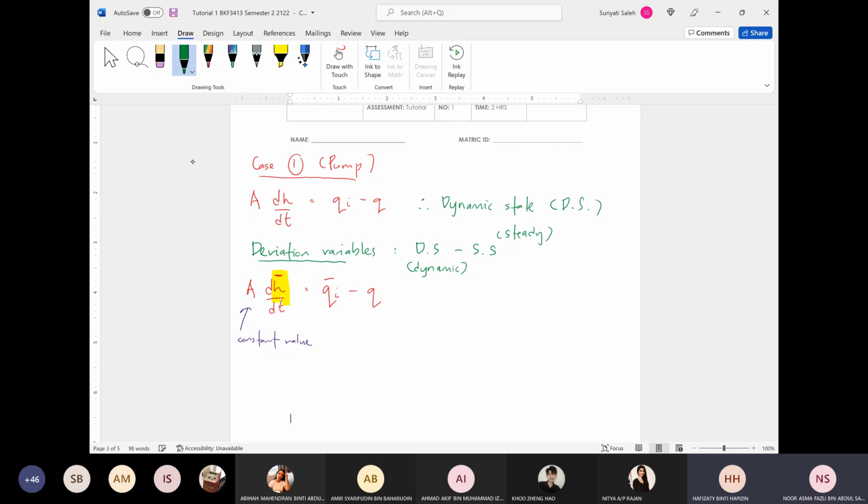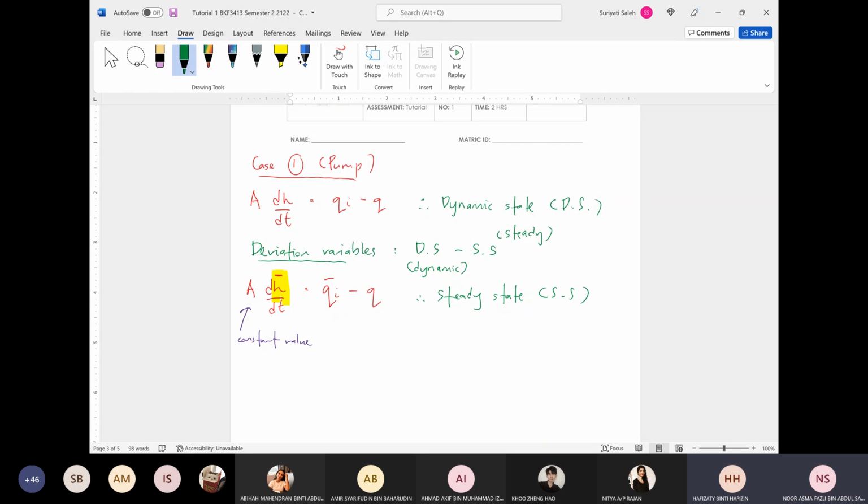So this represents the steady state condition of your equation, or sometimes we call it the S.S, steady state. So according to the deviation variable, the dynamic state will minus the steady state value.